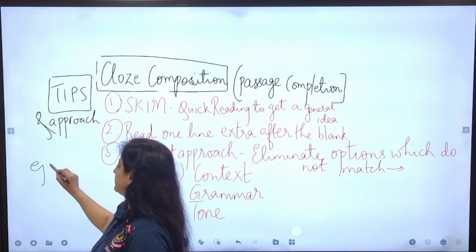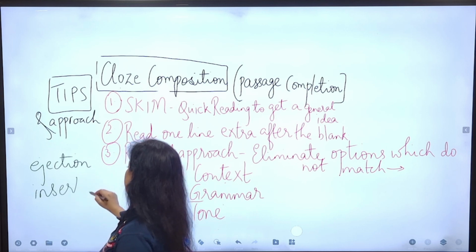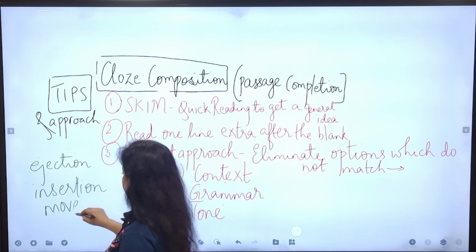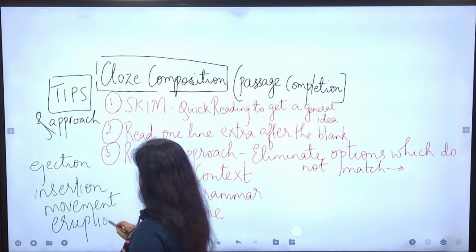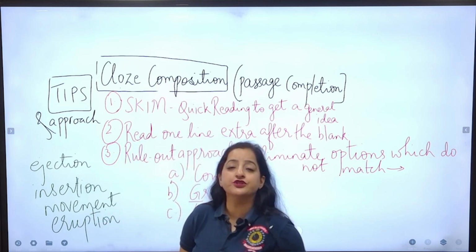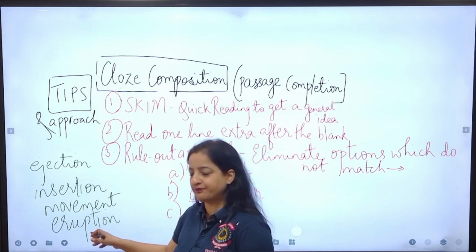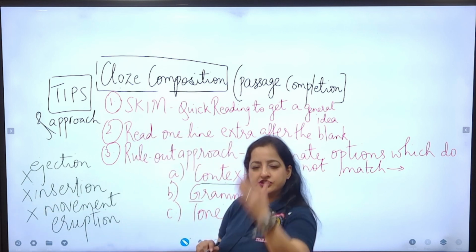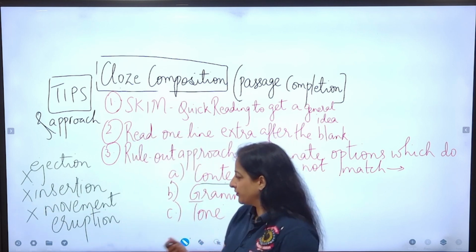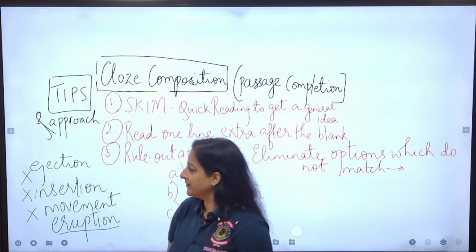After the ejection of the volcano, after the insertion of the volcano, after the movement of the volcano, or after the eruption of the volcano. Which option do you think matches with the context of volcano? Of course, eruption. These three do not match with the context. So we're going to rule them out. So we know, well, this is the most suitable word for volcano. The volcano erupts. Right? Okay.